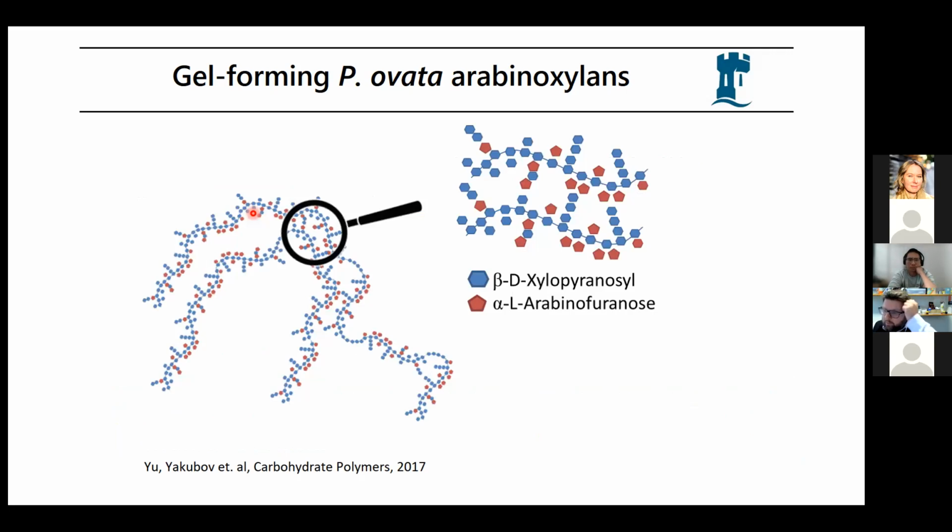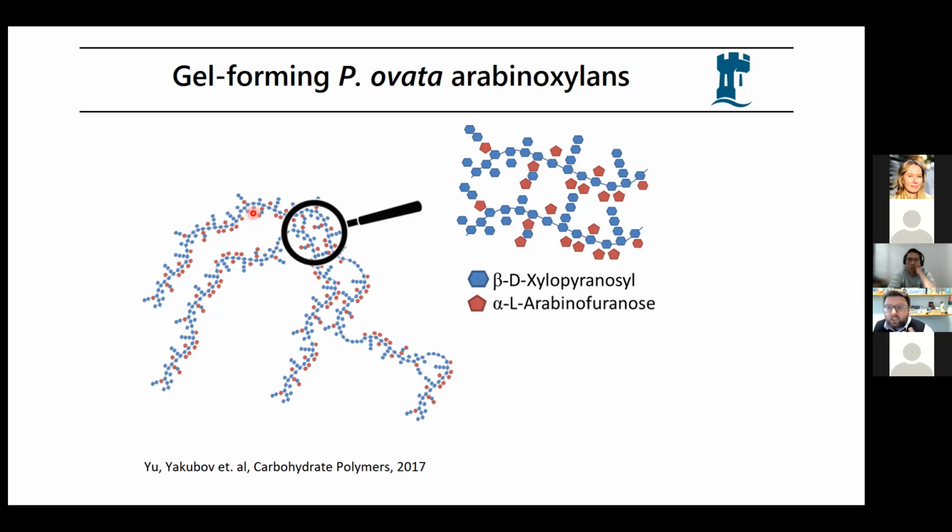So this is just a representation of the structure based on the budget of the linkages that we uncovered. It's highly substituted, and the side chains are primarily anywhere from 1 to 3 monosaccharide units comprising different combinations of arabinose and xylose residues.